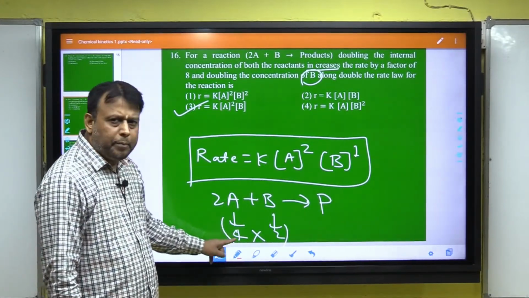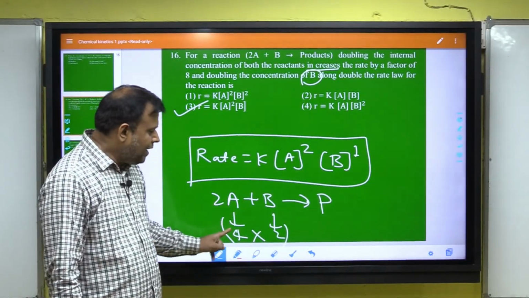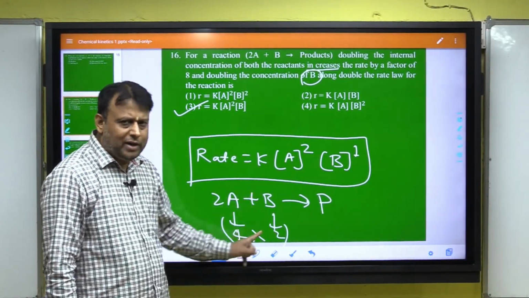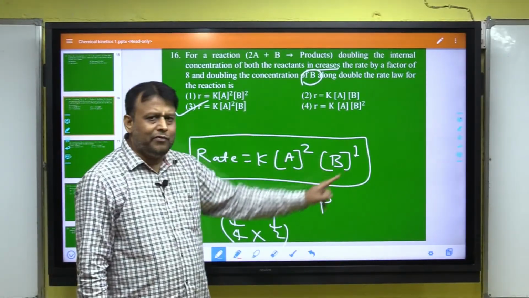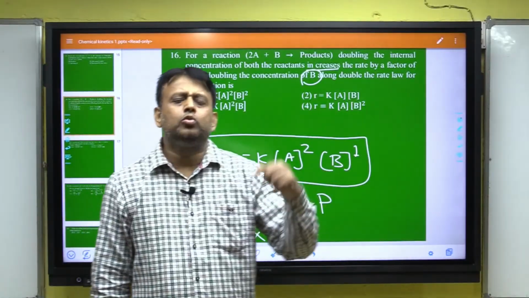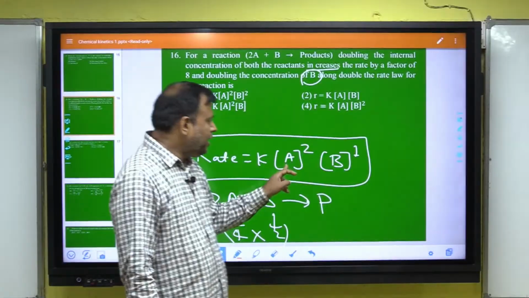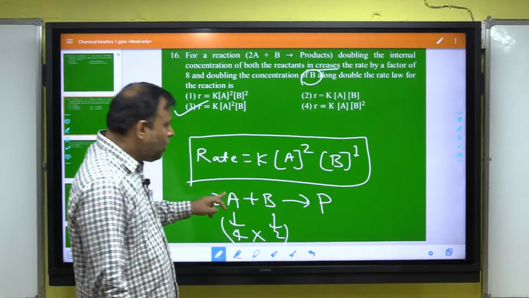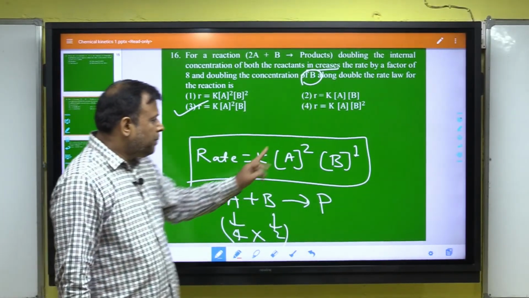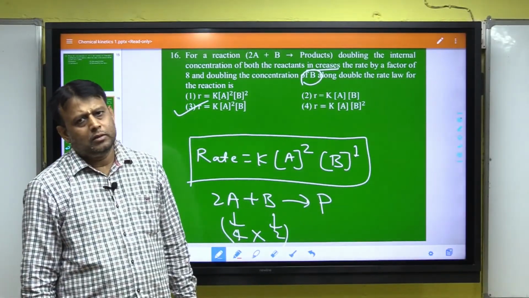Hence the order with respect to A is second and with respect to B is first, and the rate equation is rate equal to K, A to the power 2, B to the power 1.